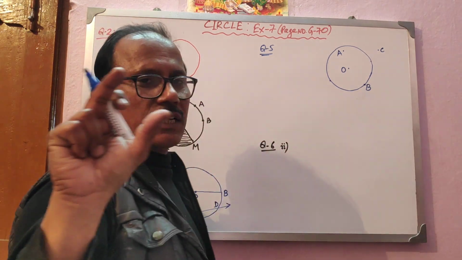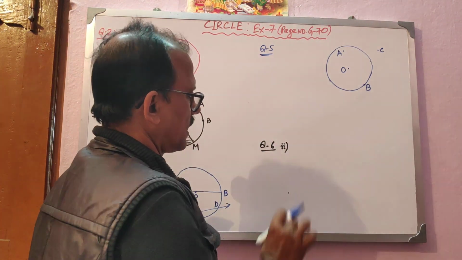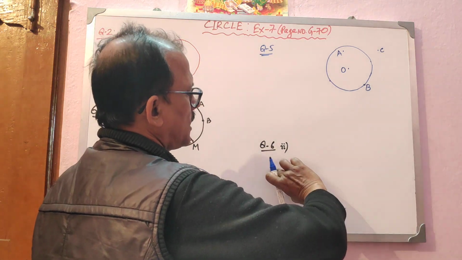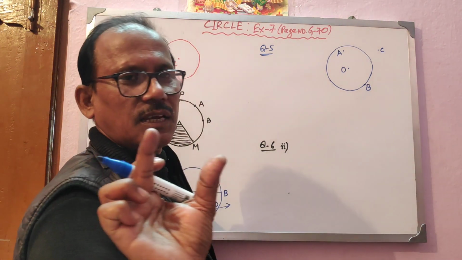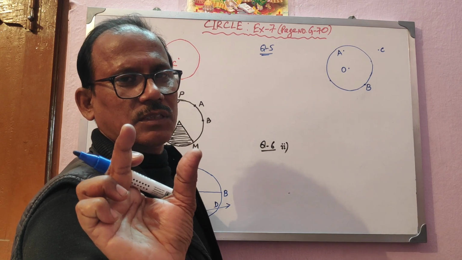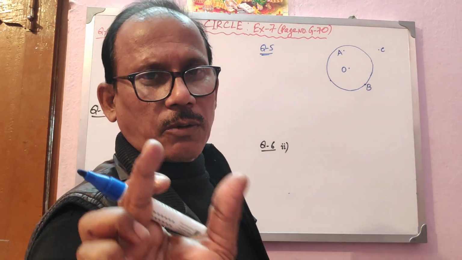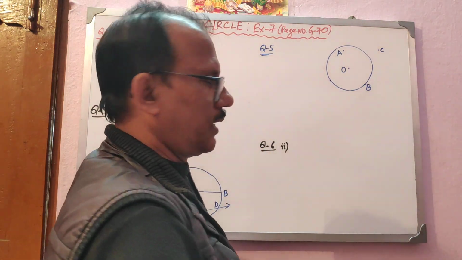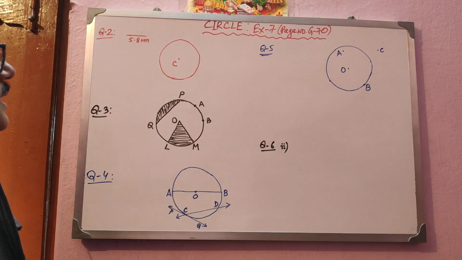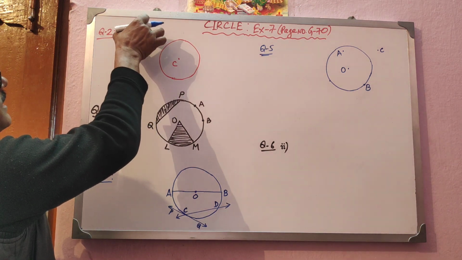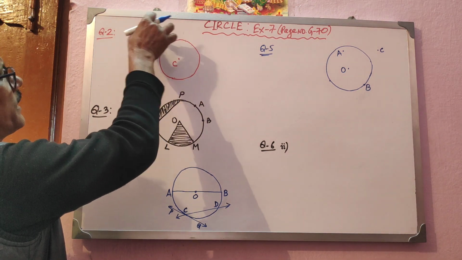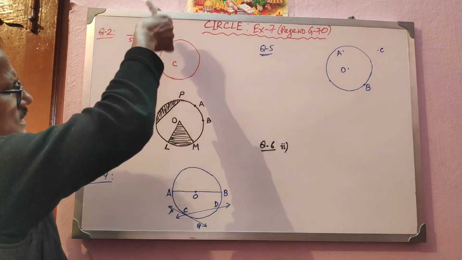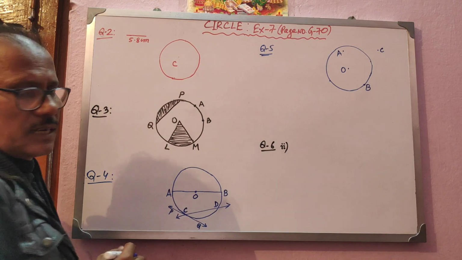Then take your compass, put the pointed part on the center of the circle, and take the radius in the pair of compasses. Then rotate from the center, and you will find the circle of that radius.